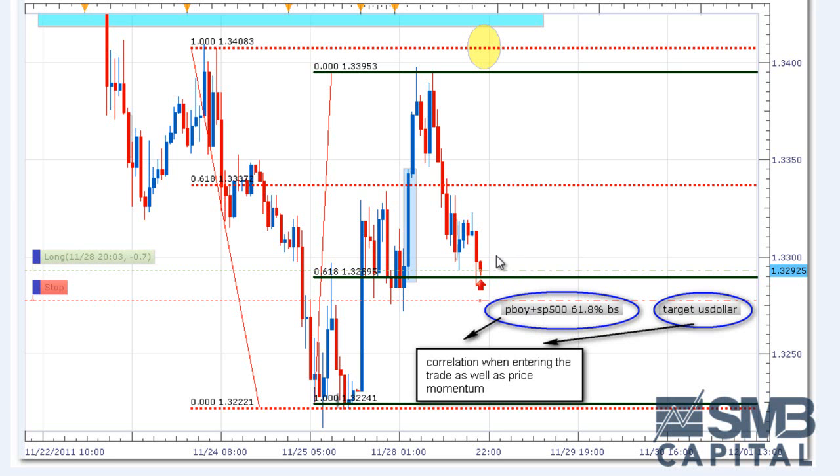Since we have the setup in the euro and the US dollar with a defined target, which is the market cycle that the price did not reach to begin with, and with the confidence of correlations, we open the long position to look for that price level.